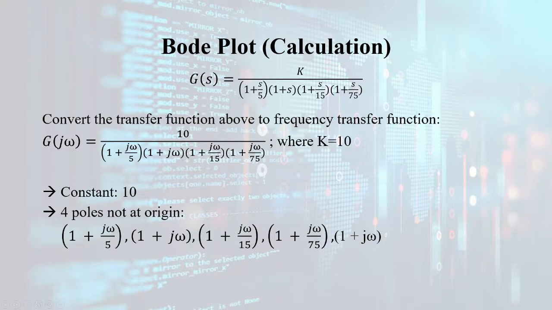So in the function, 10 is representing the constant term, and 1 plus j omega over 5, 1 plus j omega, 1 plus j omega over 15, and 1 plus j omega over 75. Actually, they are 4 poles not at origin.